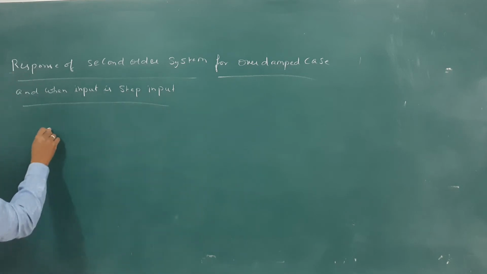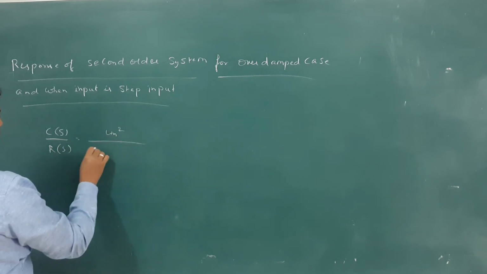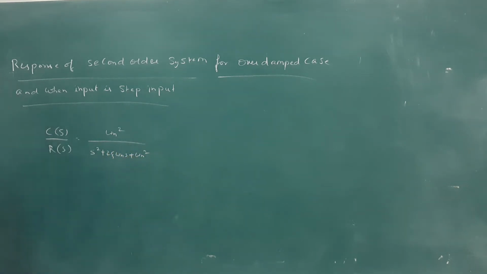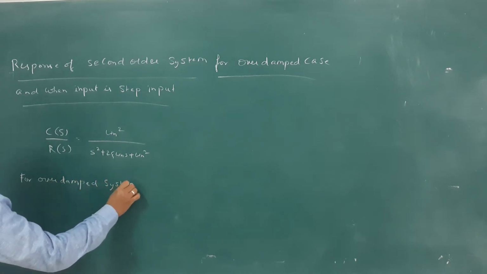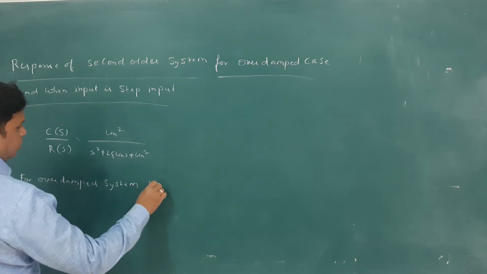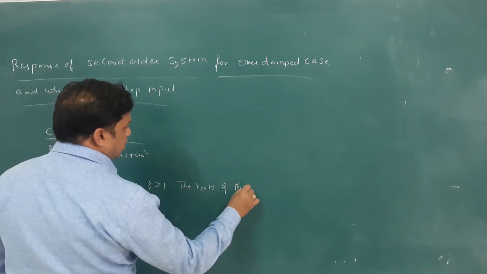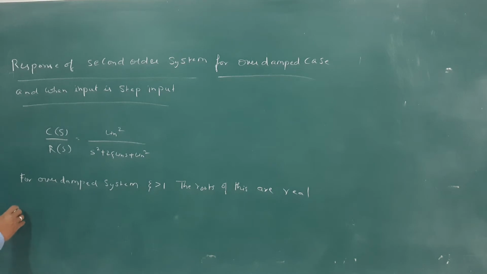As usual, the equation C of S by R of S is equal to omega n square by S square plus 2 zeta omega n S plus omega n square, the transfer function of C of S by R of S. Now for over damped system, zeta value is always greater than 1, and the roots of this denominator equation are real and distinct.